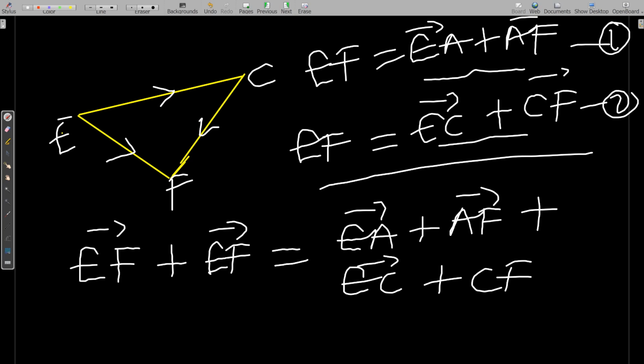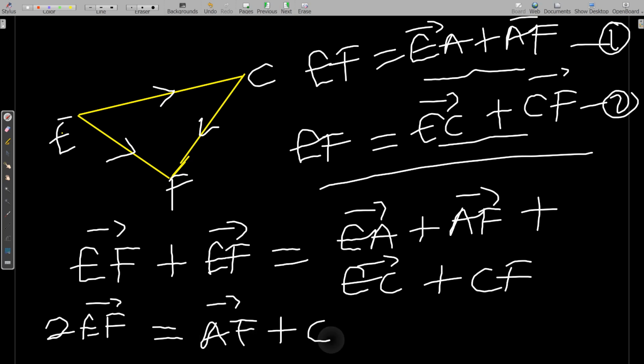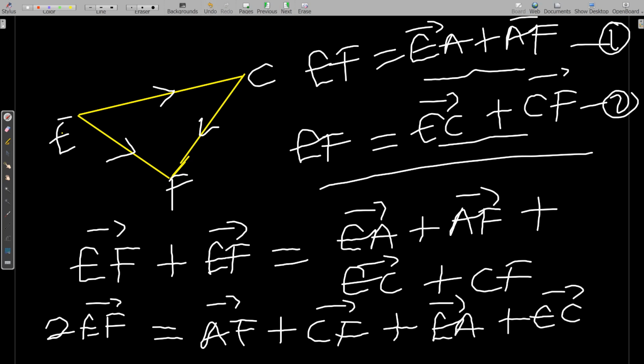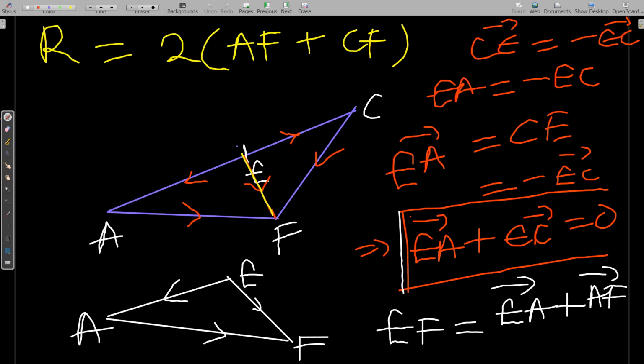Now let's rearrange here. EF plus EF will give me 2EF, and this will be equal to AF plus CF, plus EA plus EC. But what was our first relation we had with EA plus EC?